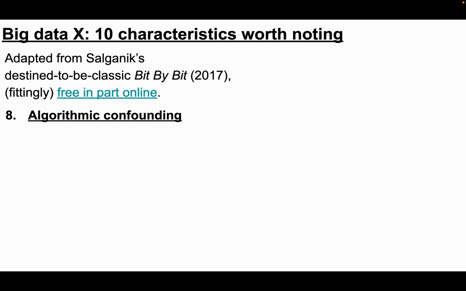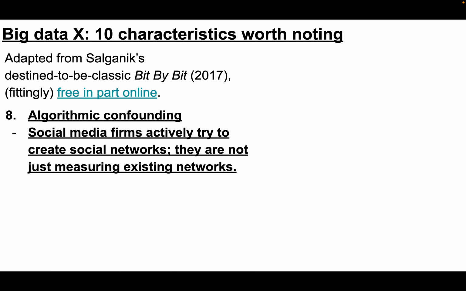Okay, so one more characteristic I want to mention. I keep saying one more, but obviously not the final one. There's 10. It is algorithmic confounding. This is basically what I was referring to earlier, but you could think about it as deserving its own slide. Remember that not only do social media firms not always really map real-world networks, but they also oftentimes try to actively create social networks.